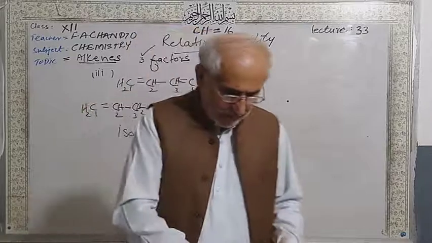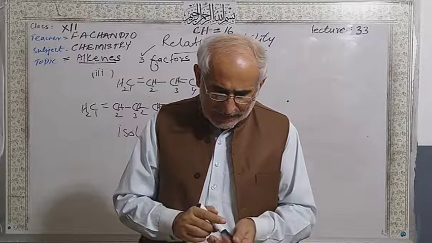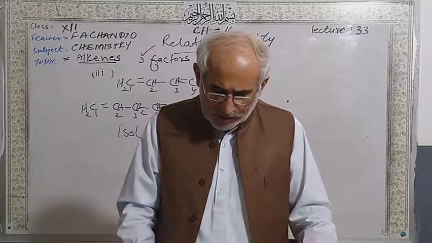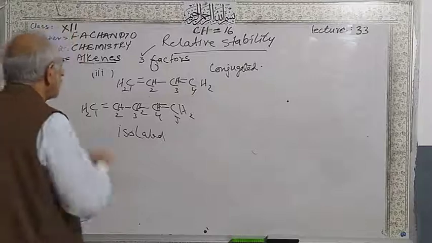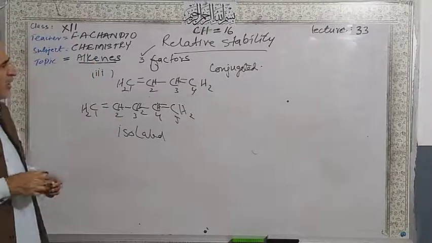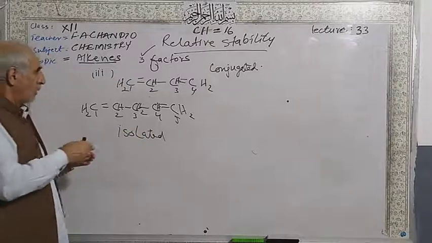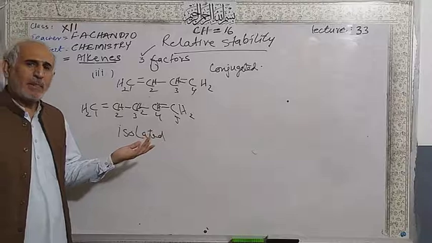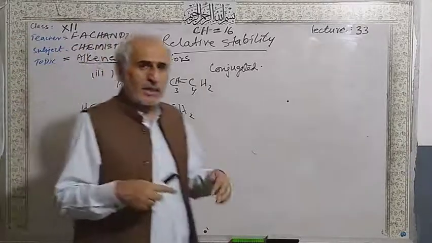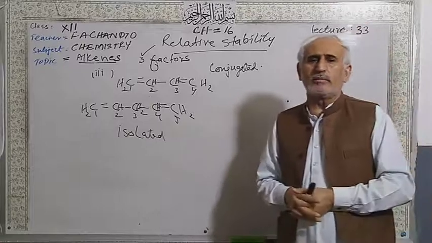First, you have to see what conjugation is and what isolation is. Isolated. If you see the structure of benzene, there are three alternate double bonds present inside the ring.